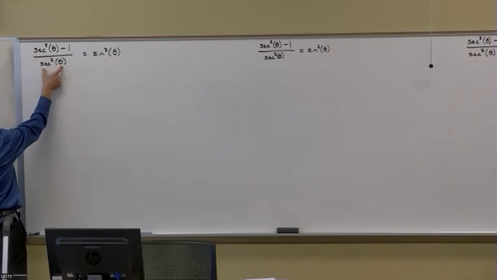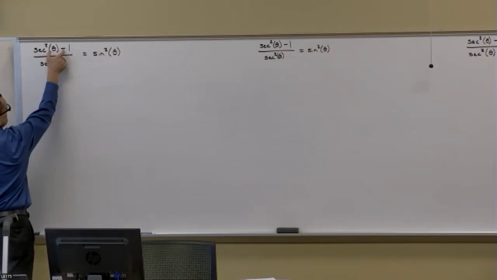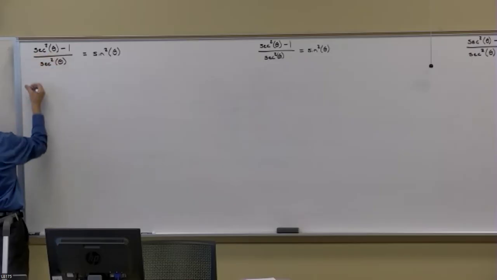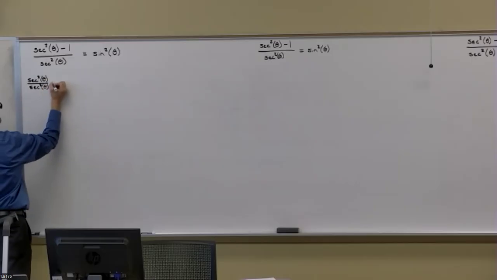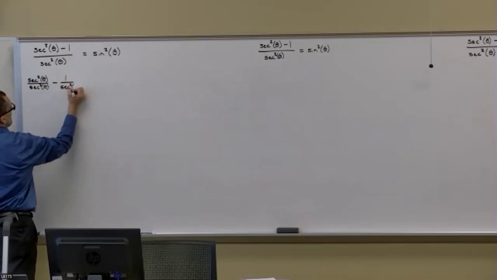Since I have a single term in the bottom of this fraction, but two terms being subtracted on top, when I divide, I have to divide the first part over secant squared, and then also divide the second part over secant squared.